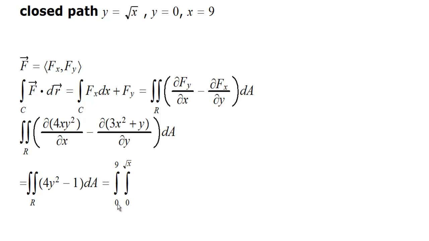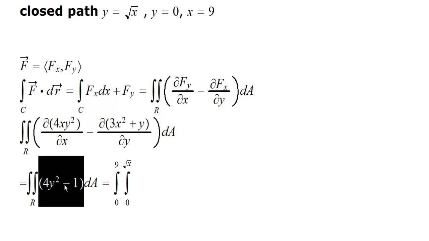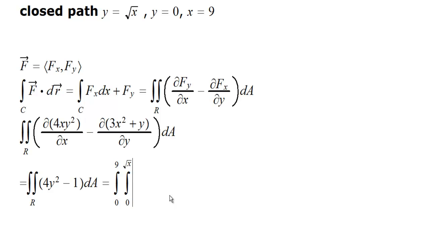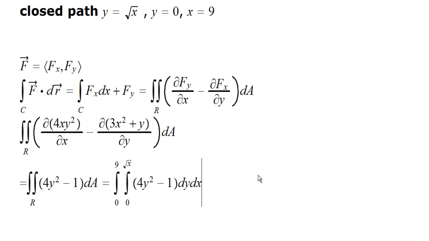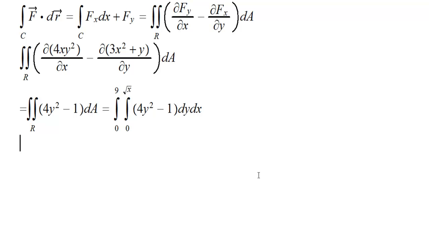And then we are integrating this quantity, first with respect to y and then with respect to x. And now the rest is routine, but since we started it, let's finish it off.